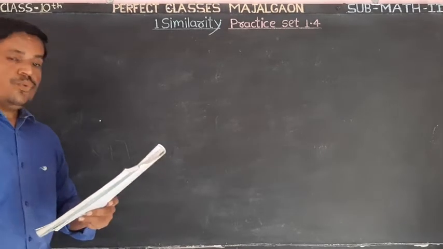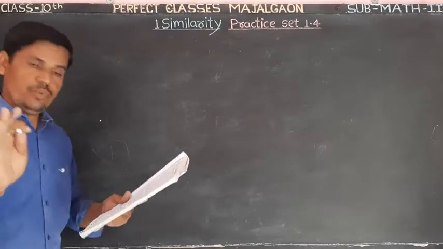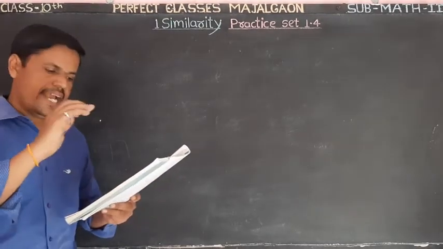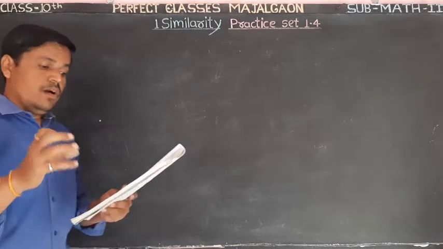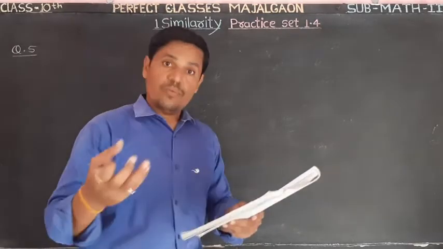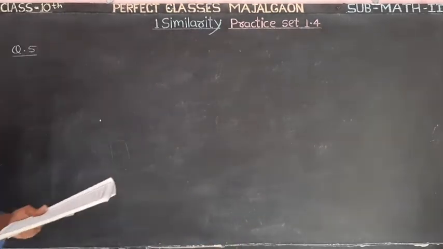Areas of two similar triangles are 225 square centimeter and 81 square centimeter. If a side of the smaller triangle is 12 centimeter, then find the corresponding side of the bigger triangle.